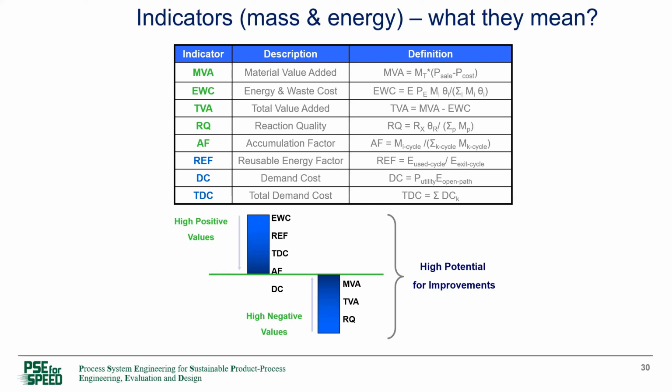So for example, MVA is material value added. If a chemical came in and went out and its value has decreased, then it's not good, because if we want to sell that chemical, we will get less money than what we paid for it. So all the chemical values have to be as large as possible.